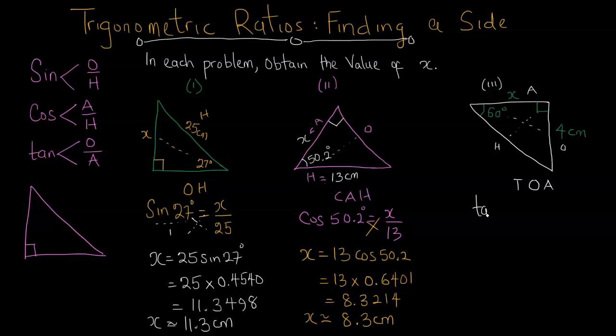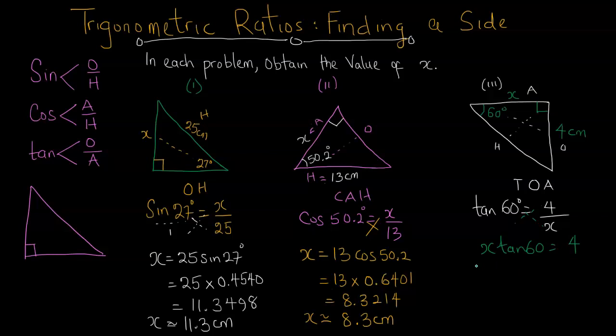Thus, the tan of the given angle, 60 degrees, is going to be equal to opposite, that's 4, over adjacent, that's x. We are also going to cross multiply here. So this is going to give x times tan 60 being equal to 4 times 1, and that's just 4.